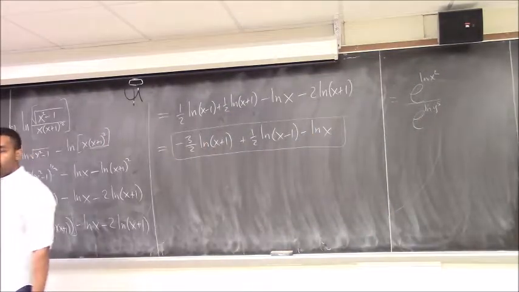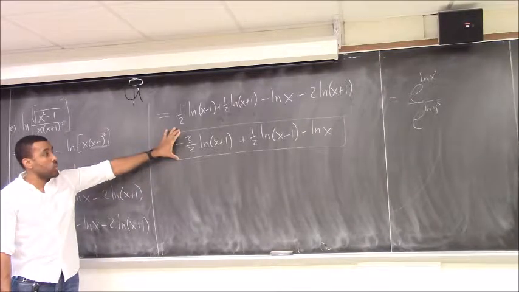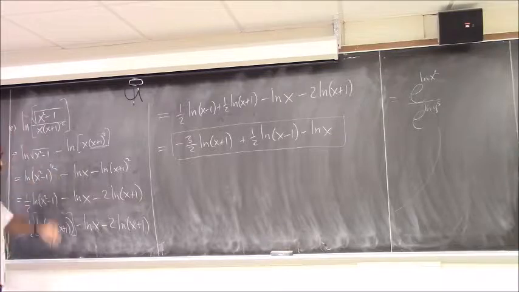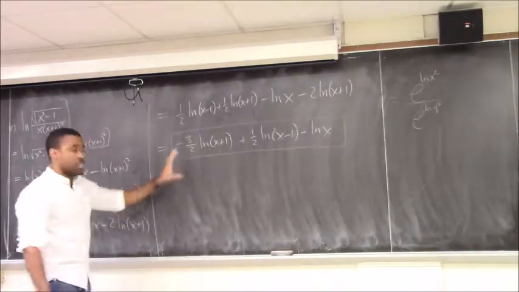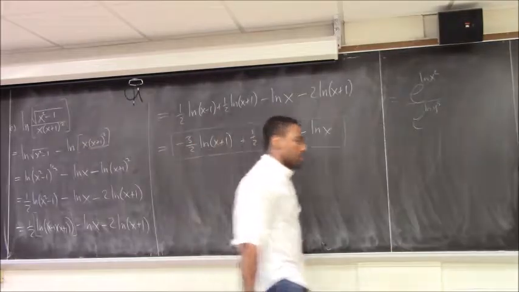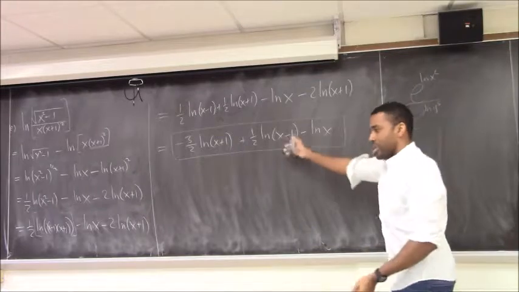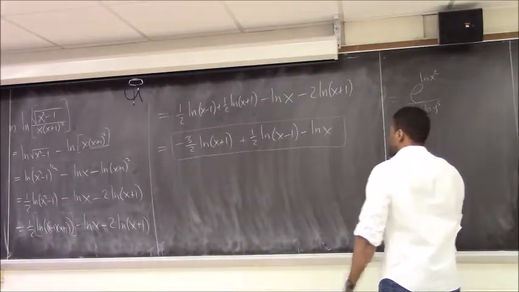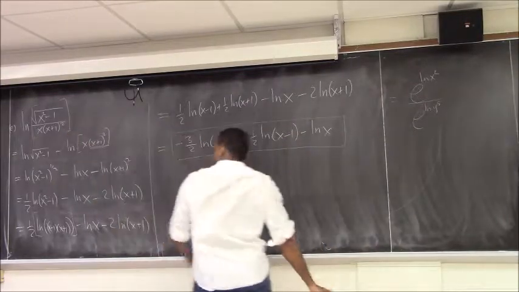So if we want to do calculus on a log function, this is a much better scenario than this. But if we want to solve an equation, then this would be the better scenario than that. And we'll see why when we start doing calculus with ln. You'll see why dealing with this is going to be a lot easier than dealing with that.